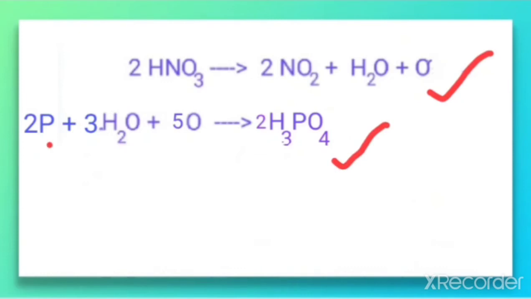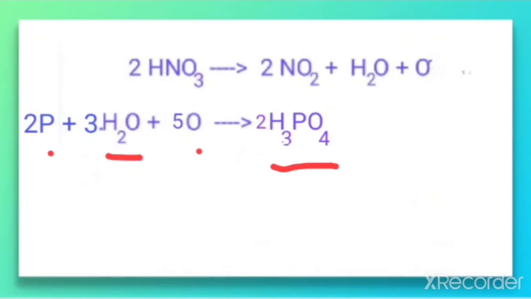Here phosphorus is converted into phosphoric acid. You are familiar with the formula for phosphoric acid, that is H3PO4. So P is converted into H3PO4. I told you that you have to add nascent oxygen and water, as we have done for the case of sulfur. So P plus H2O plus O gives rise to H3PO4.